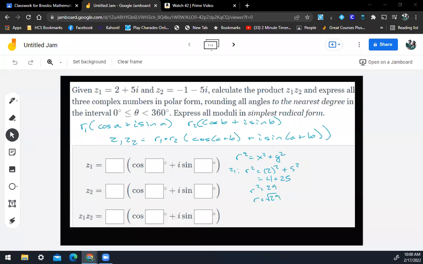Now, the other thing you need is to find your theta. Remember, we know that tangent of theta is equal to y over x. Therefore, theta itself is equal to tan inverse of y over x.